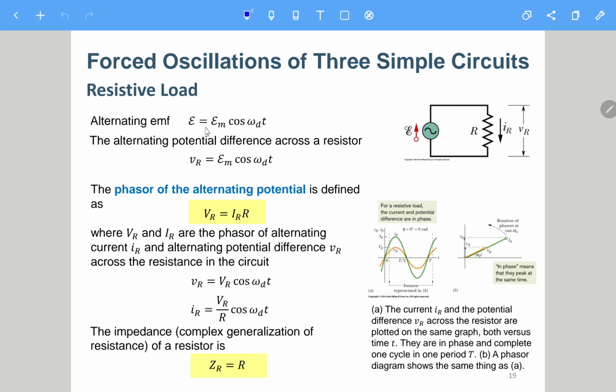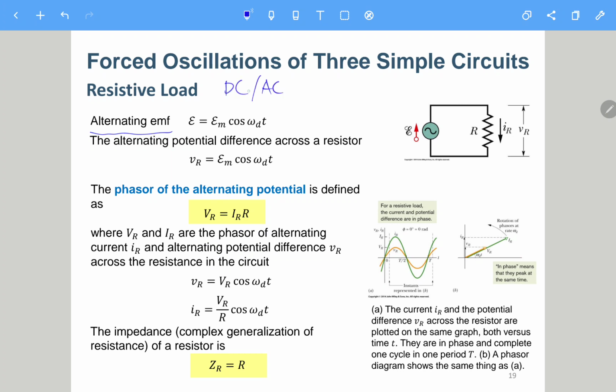Okay, so here we consider we have a resistor, and then this is an EMF, but this EMF is a so-called alternating EMF. You should have known something called DC or AC.